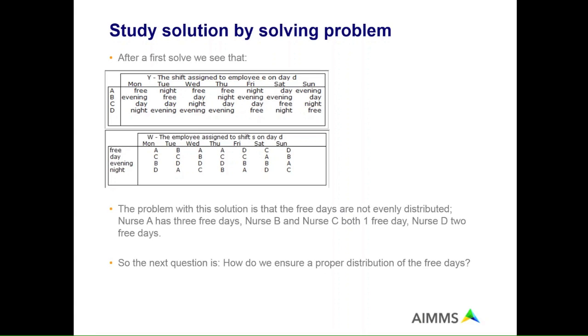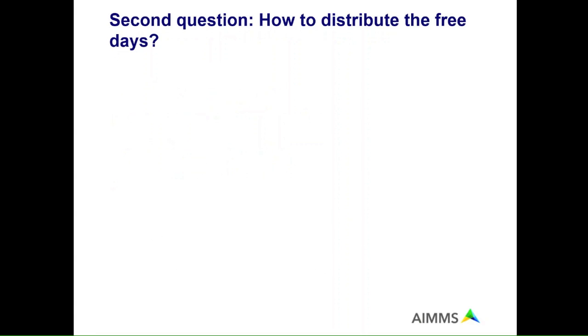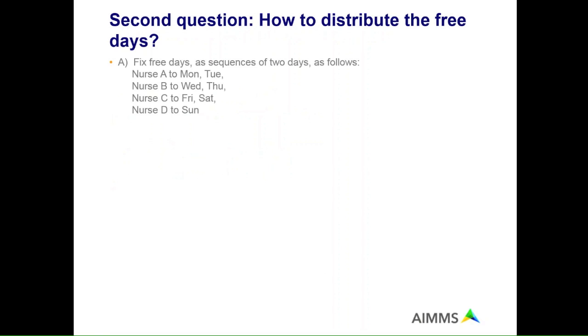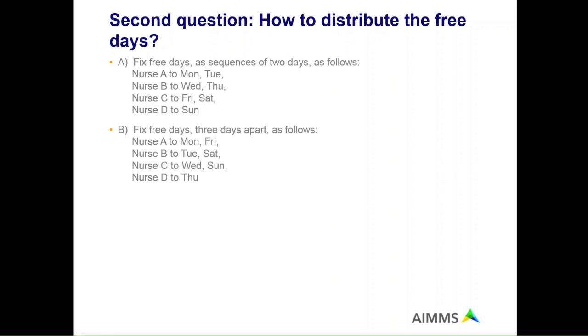So this will be my next question to you: how to distribute the free days. Well, one approach is simply to say, well, nurse A has Monday, Tuesday free, nurse B Wednesday, Thursday, and so on, or use a different pattern with 3 days apart, but essentially the same mechanism, just fixing the variables.